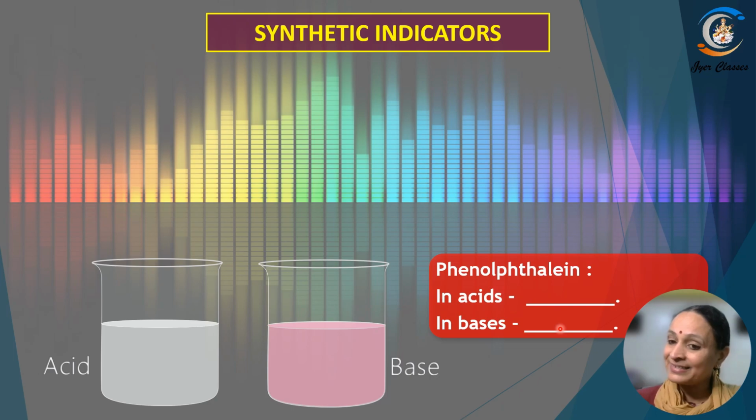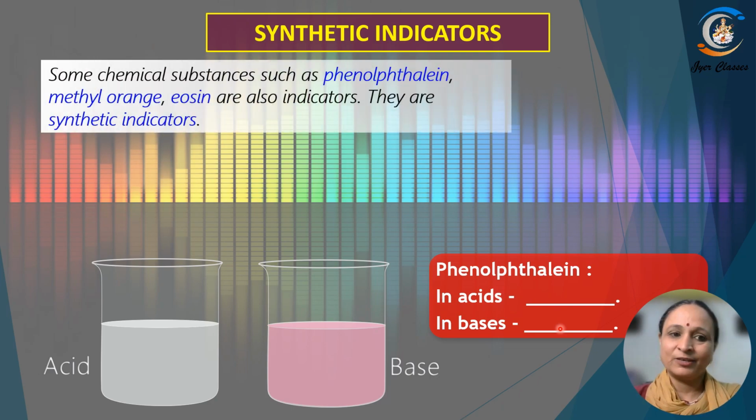Base. Colorless in acid, right? Some chemical substances such as phenolphthalein, methyl orange, and others are also indicators, and these are synthetic indicators. Now what do you understand by synthetic indicators? That means they are artificially made.